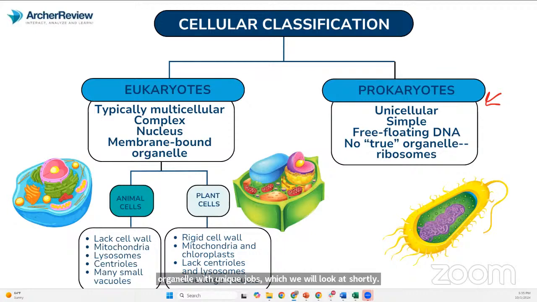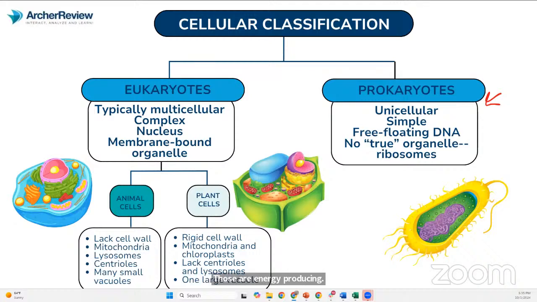If we break down and look at animal cell versus plant cell, our cells have no cell wall. We have a cell membrane around our cell, but we do not have a cell wall. That is something that prokaryotes and plant cells share. Prokaryotes have a cell wall, plant cells have a cell wall, but plant cells will still have a membrane within that wall. Both animal and plant cells have mitochondria, those are energy producing organelles.